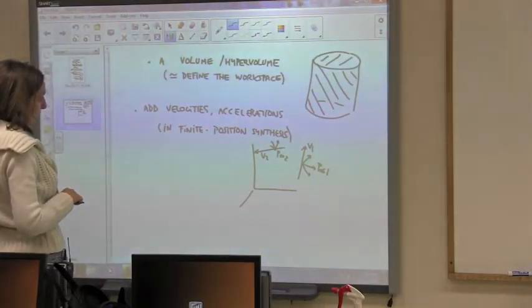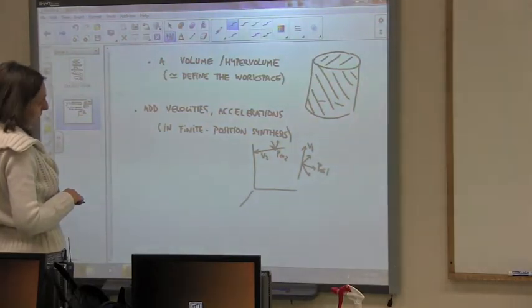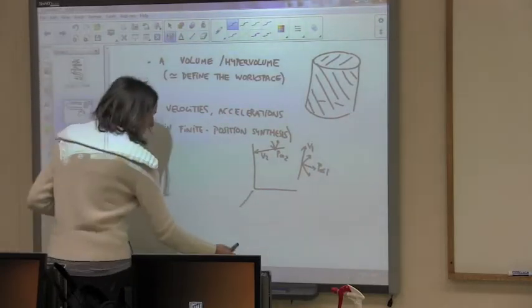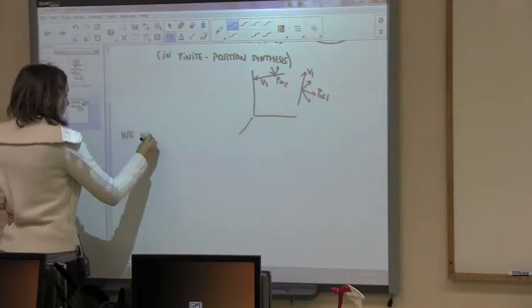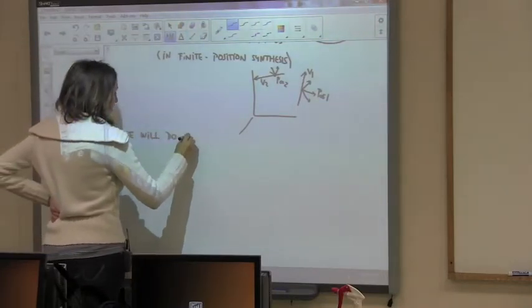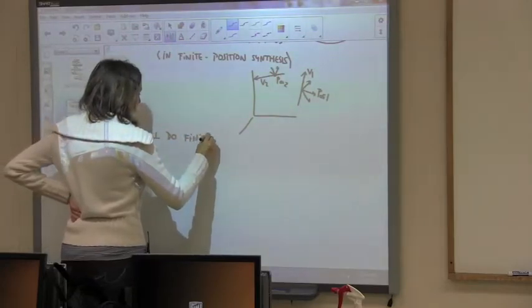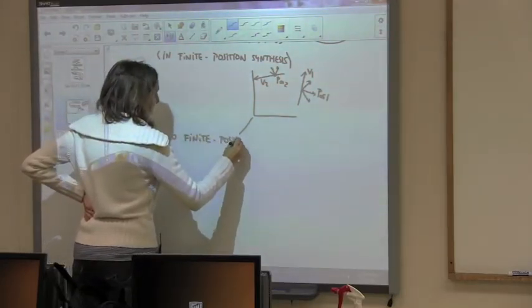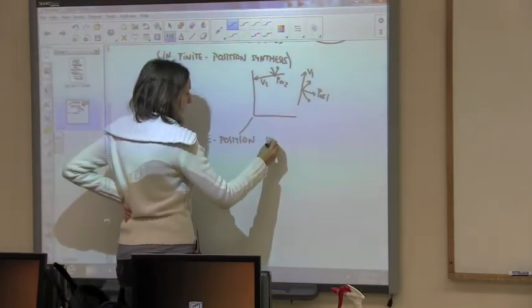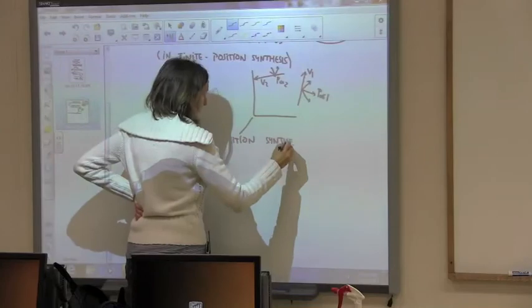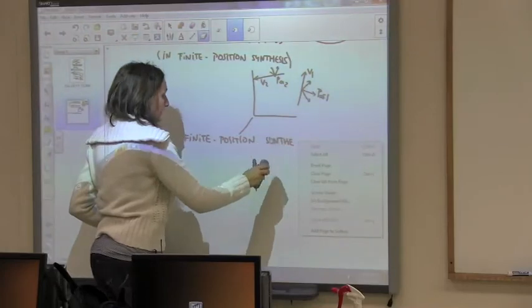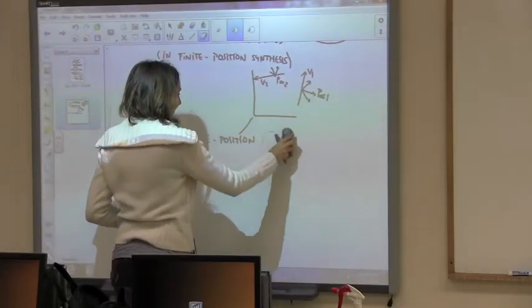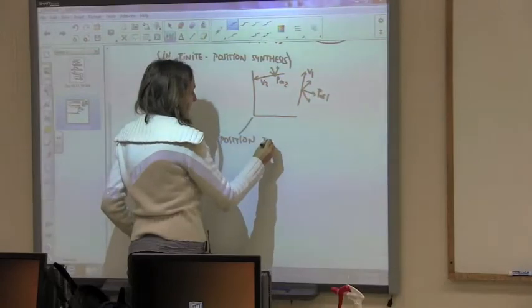Maybe we should define some, just for you guys to see it and plot it. So what we are going to be doing is finite position synthesis, and I should say dimensional synthesis.